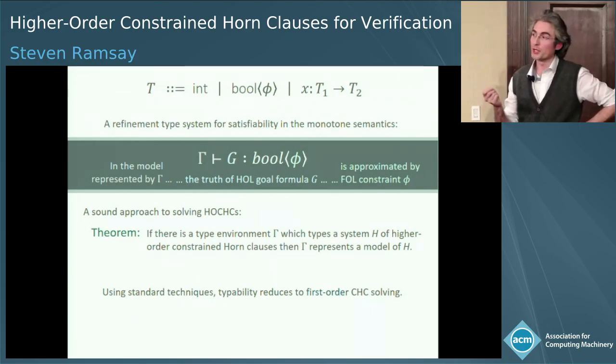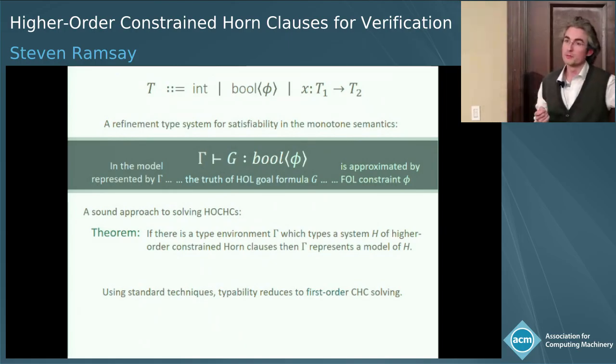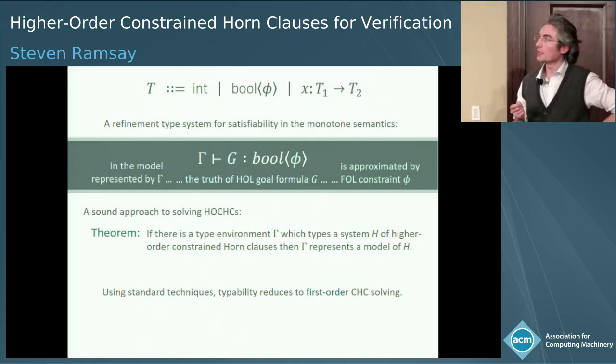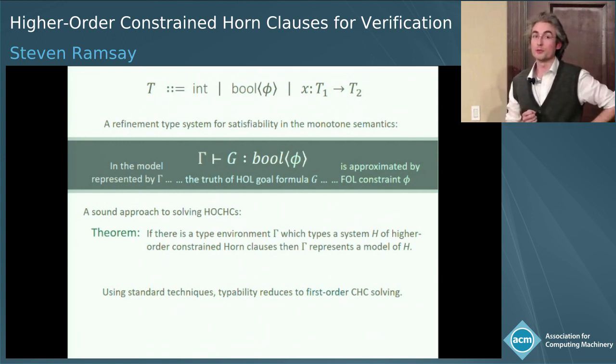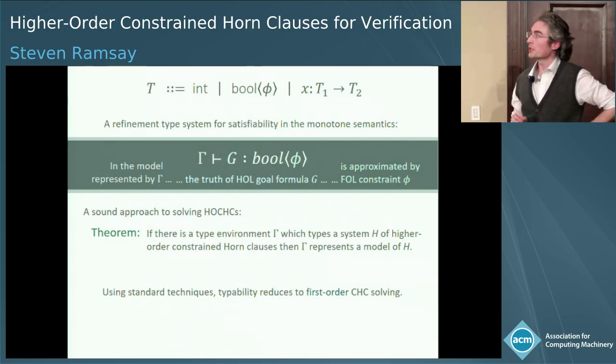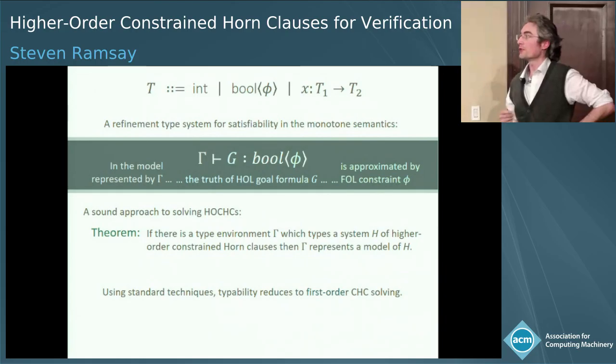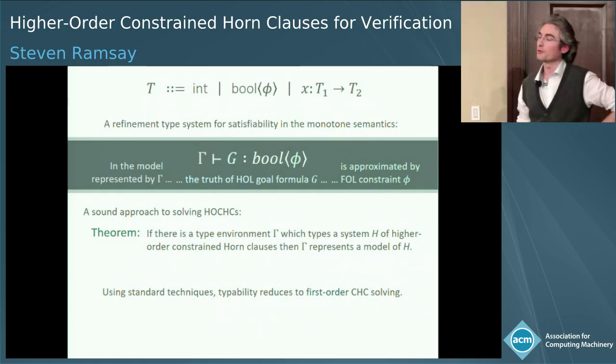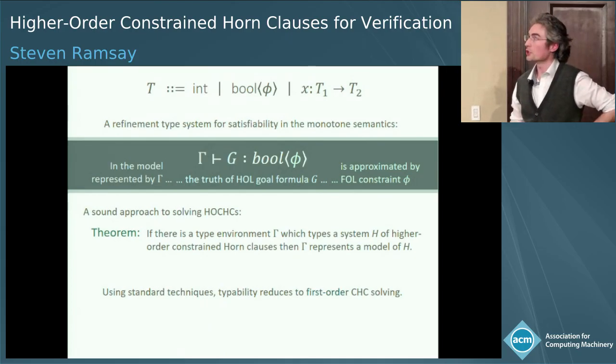It's a first-order formula, comes from the background theory, which is something like quantifier-free integer linear arithmetic, decidable. But the formula G is a complicated thing. It's in higher order logic, and it contains these unknown predicate symbols that you're trying to solve for. Now, what the type system is telling you is when you can conclude a judgment like this, then you can deduce that this simple formula phi is in fact a good approximation to the truth of the complicated formula G, in the sense that if you have a valuation that refutes phi, then it will certainly also refute G.